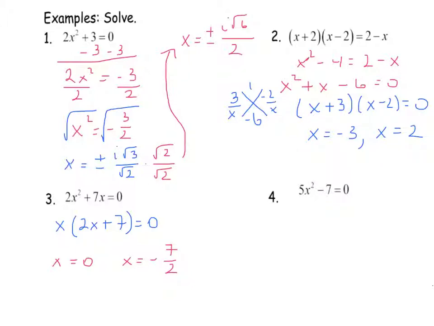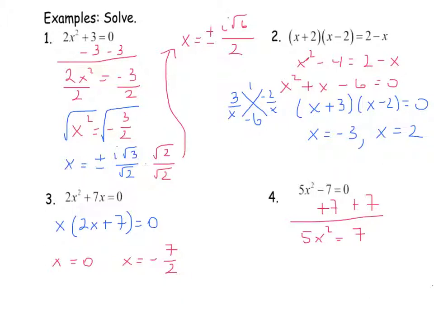And on this last one, I will similarly do this one as I did the first one on this slide. I'm going to add 7 to both sides. So I get 5x squared equals 7.